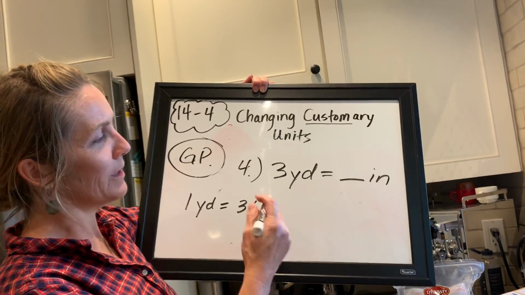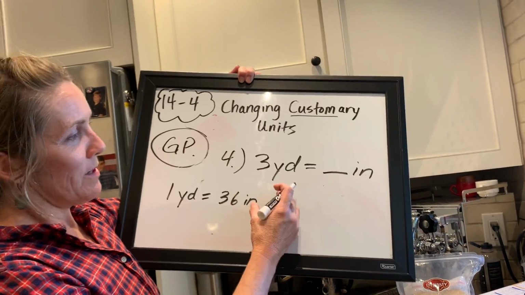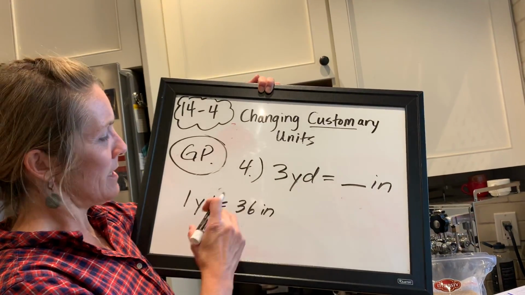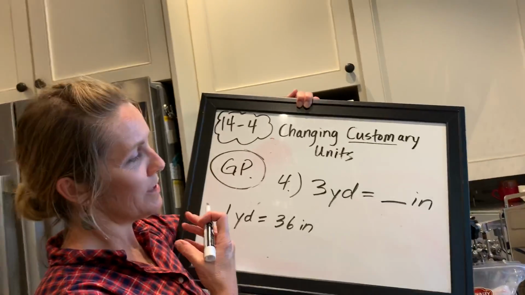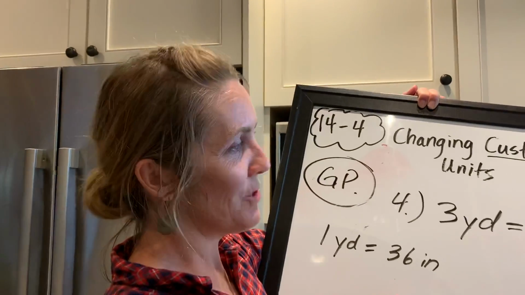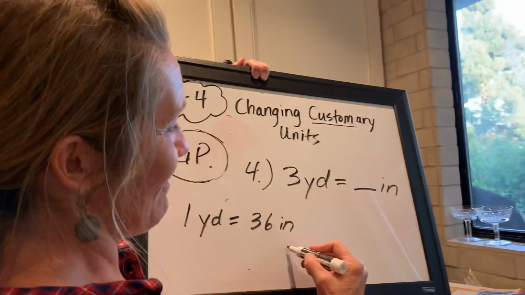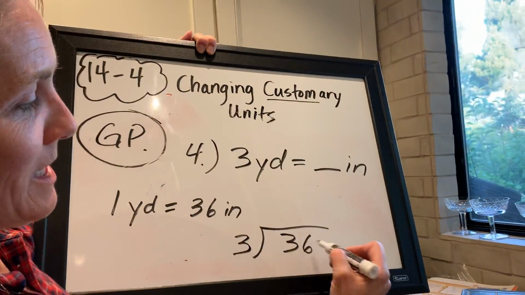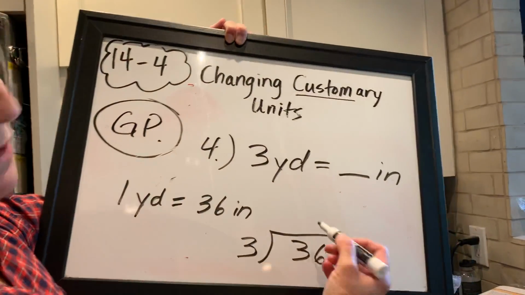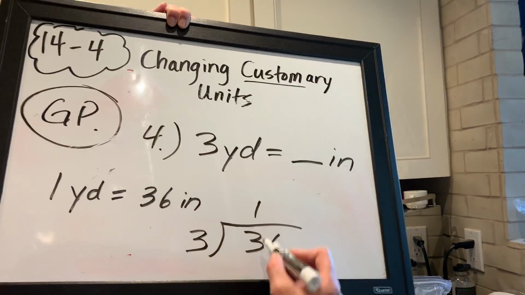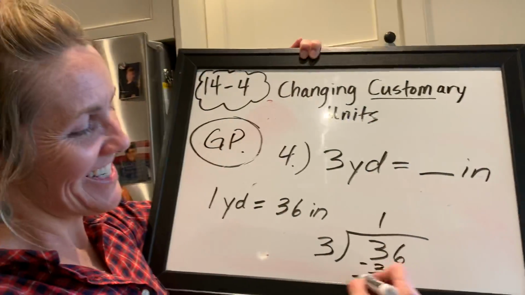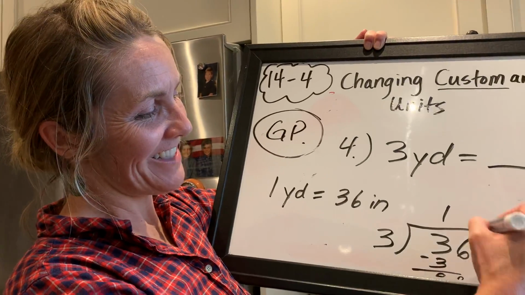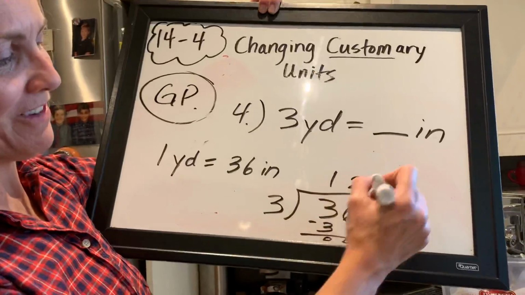We need to know, okay, 3 yards, each yard has 36 inches. Is this a multiplication or a division problem? Let's try division. 3 yards divided by 36. So in your mind, you know, you could do the long division. I don't think I left myself enough space. I sure didn't. 0, 6. That's a 6 down there. Goes in evenly.